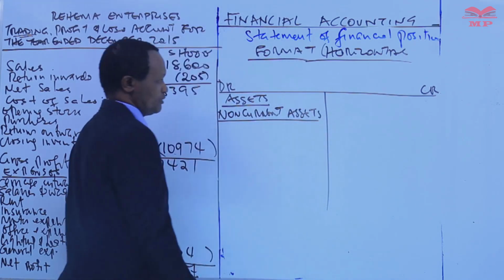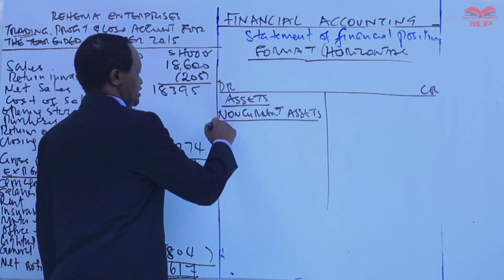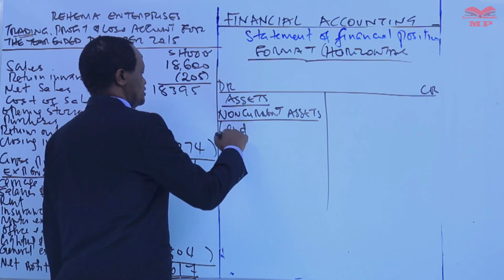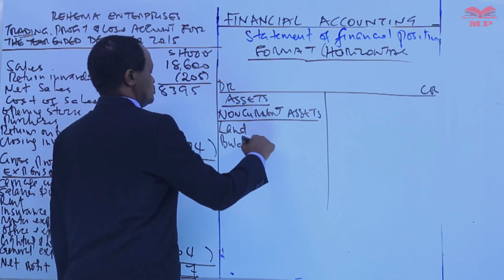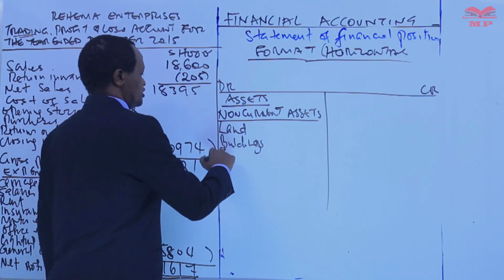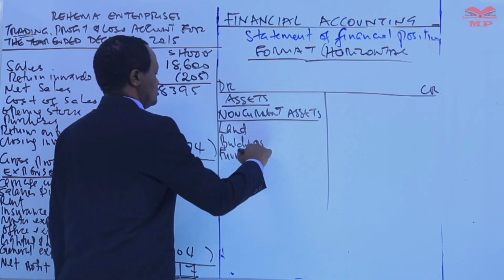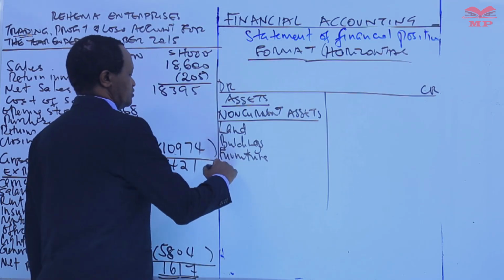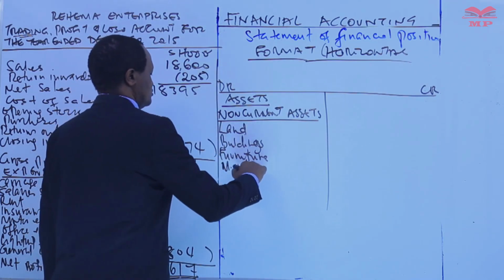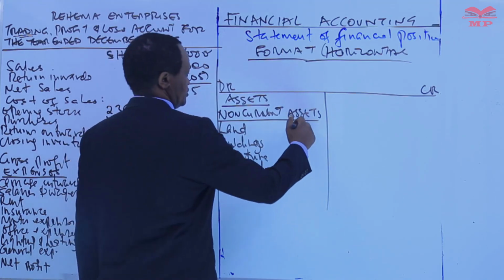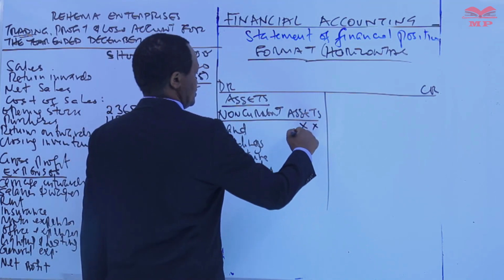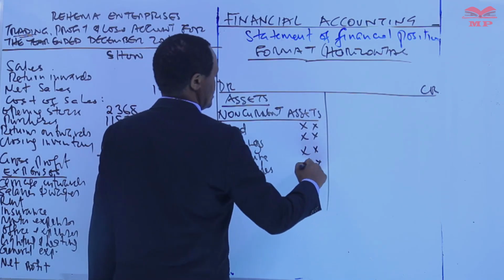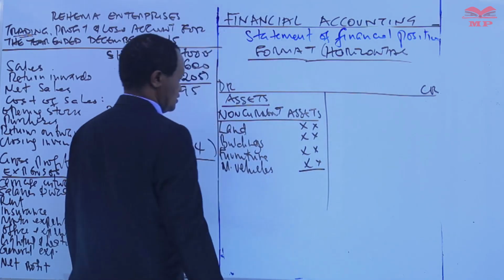These are long-term assets like land, buildings, furniture, motor vehicles, and so on. So you have the total non-current assets there.